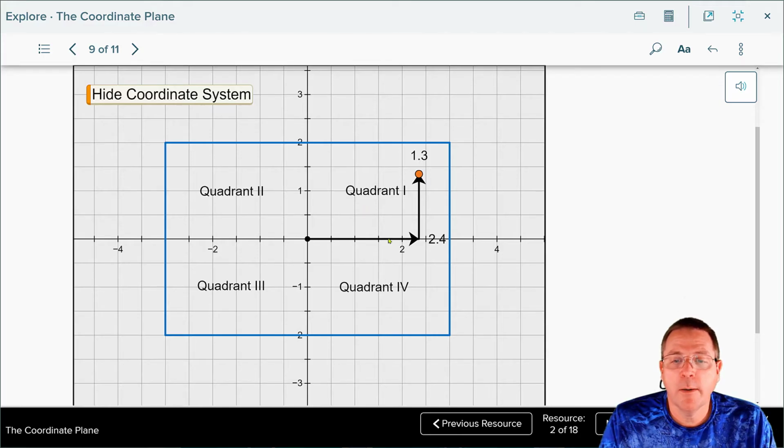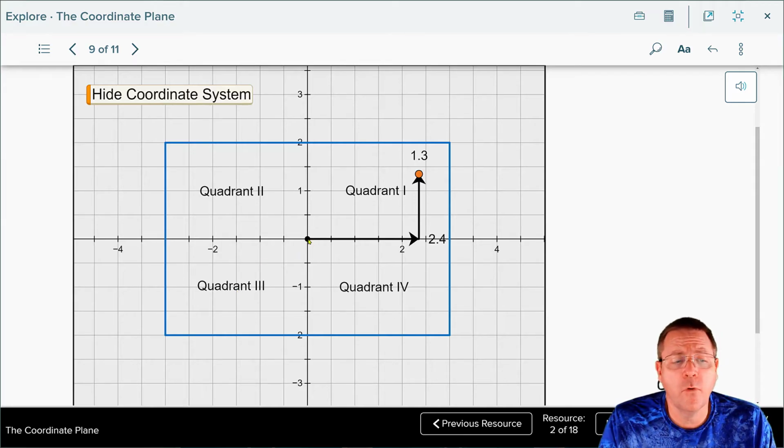I'm not going to write it down, but I will tell you, in quadrant 1, both your x's and your y's are positive. Quadrant 2, your x values are going to be negative, your y values are going to be positive. In quadrant 3, your x values are going to be negative, your y values are also going to be negative to land here.